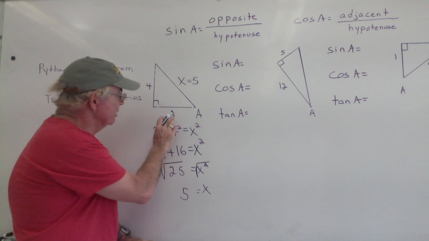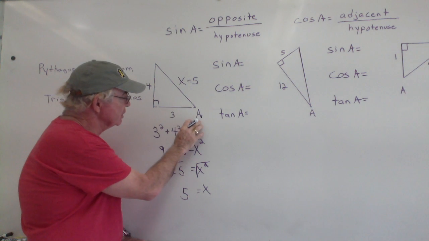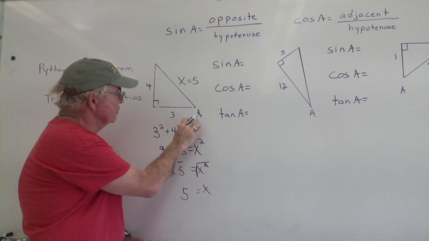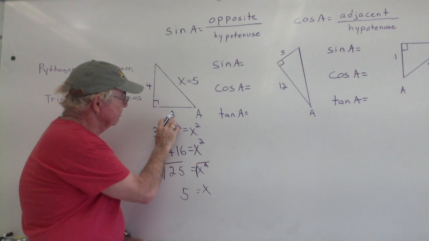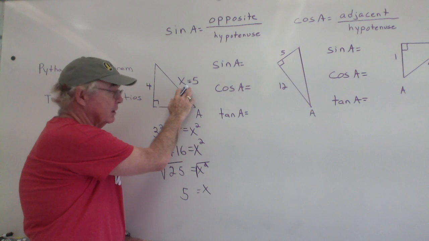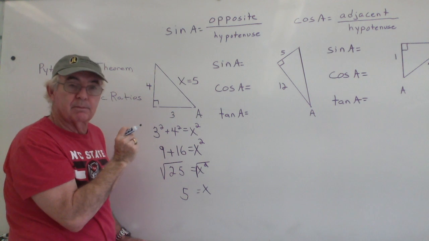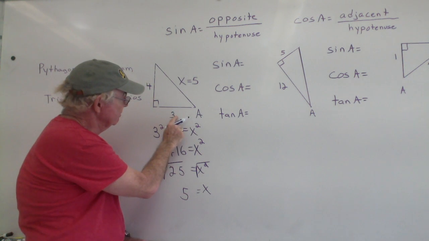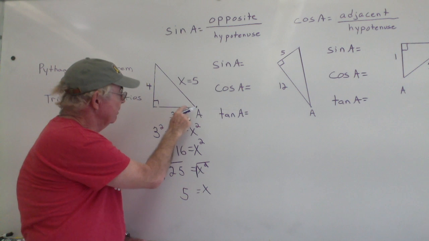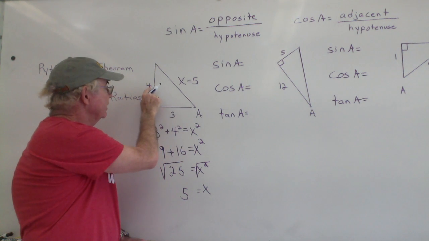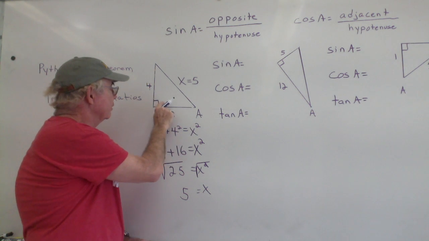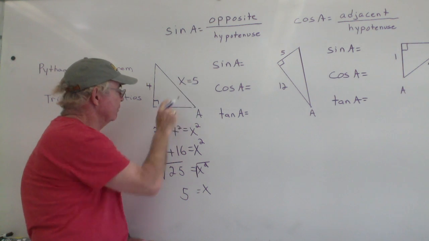And then that remains this side, which is touching A. So it's the adjacent. Now this side touches A also, but this is the hypotenuse. So adjacent, touching A, opposite of A is the opposite, and across from the 90-degree angle is the hypotenuse.